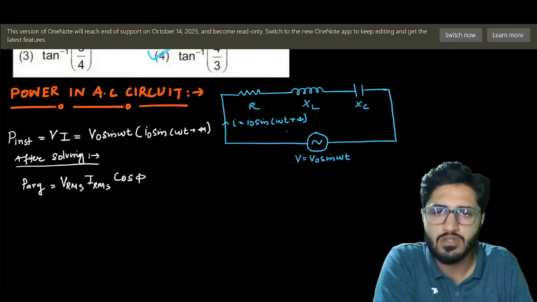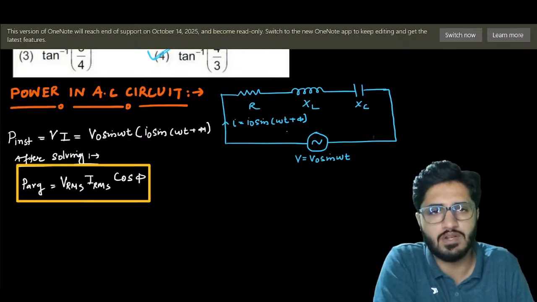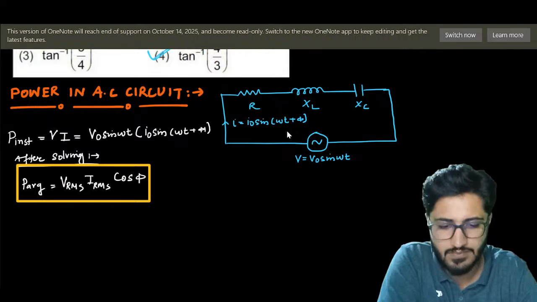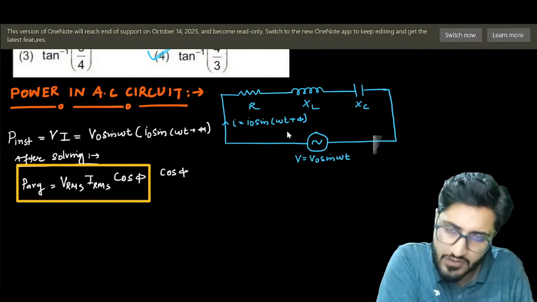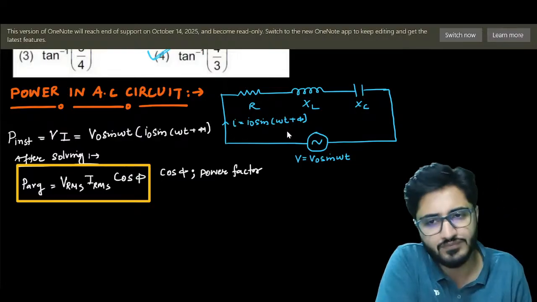You will get this equation at the end. Done. And this cos phi is known as power factor.